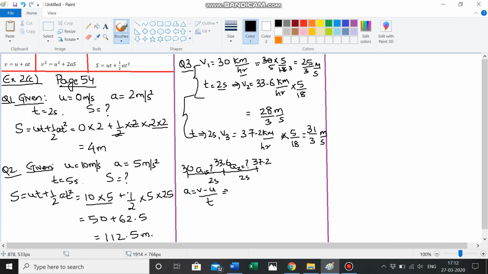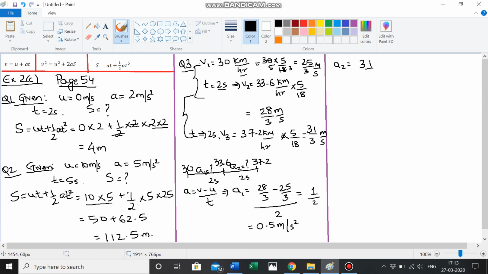So for the first instant, acceleration 1 will be equal to 28 upon 3 minus 25 upon 3. So it increased from 25 to 28 in total time of 2. So 28 upon 3 minus 25 upon 3 is 3 upon 3, which is 1, upon 2, which means this is equal to 0.5 meter per second square. Let's look at acceleration 2.